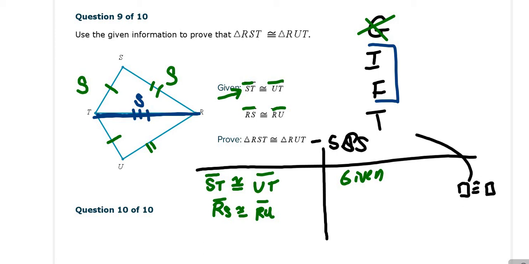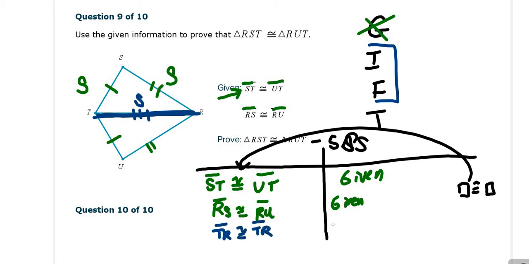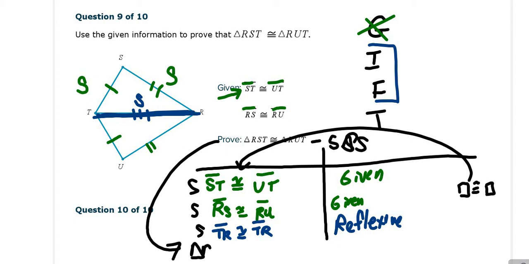Grab that first and plunk it in and then type your stuff in. And that is given. Then we're going to write TR is congruent to TR. And the reason would be reflexive property. Then you can send to proof, and in this case, triangle RST is congruent to triangle RUT, and the reason is side, side, side.